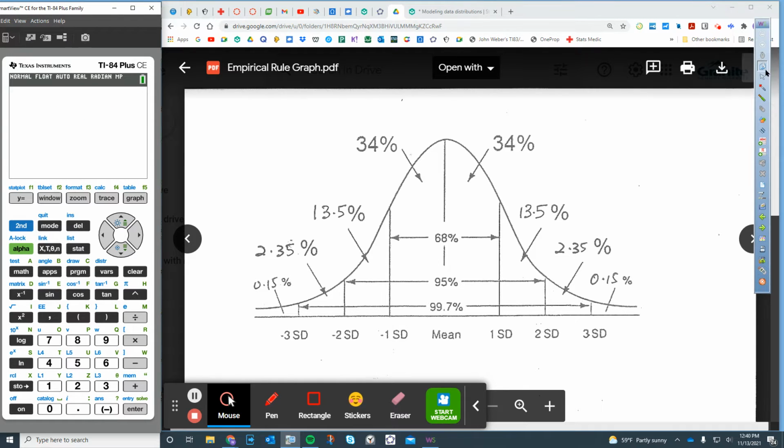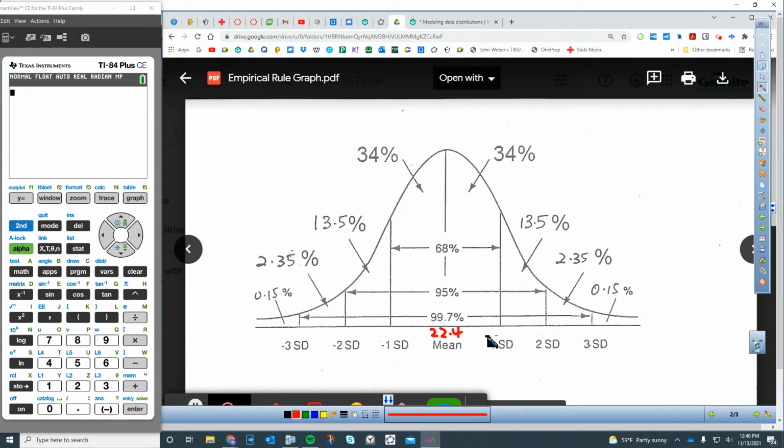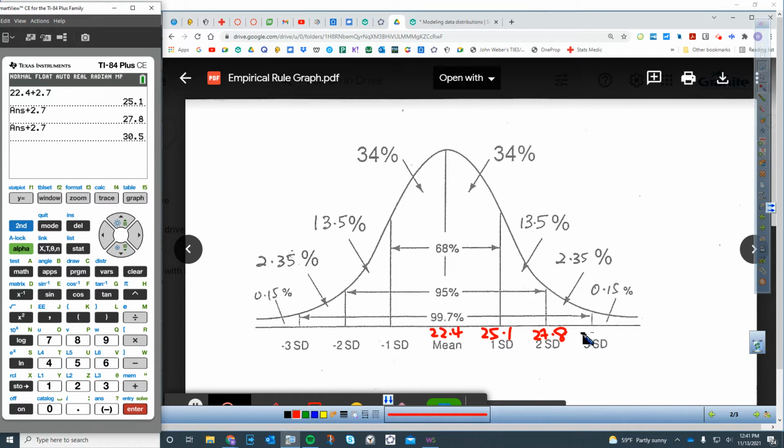Every time I add 22.4 plus 2.7, that's the standard deviation, one to the right, which is 25.1. Add another 2.7, and that will give me 27.8. One more time, add 2.7, and that will give me 30.5.